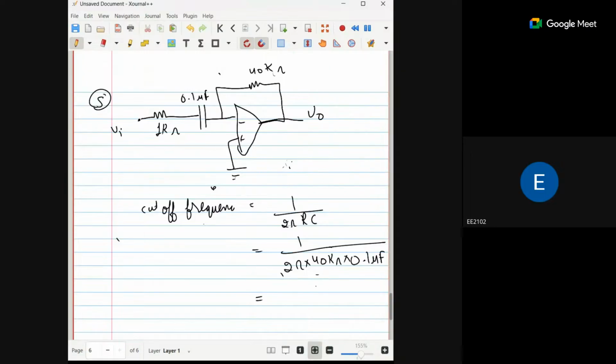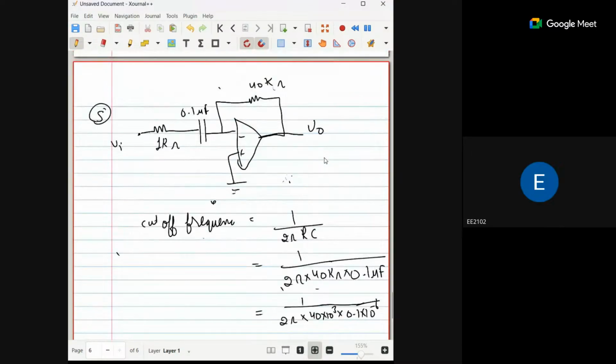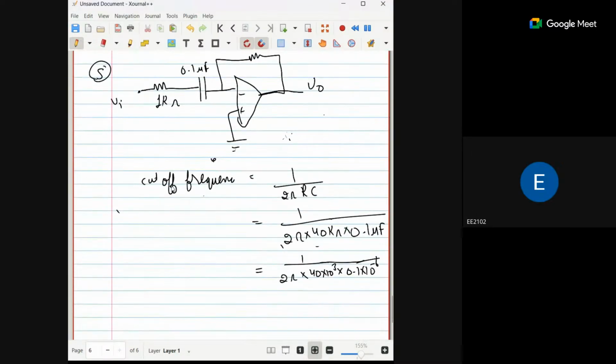So 2 into 40 into 10 to the power 3, 0.1 into 10 to the power minus 6. We have to find the cutoff frequency here. Only the cutoff frequency, and that is the same transfer function we have.